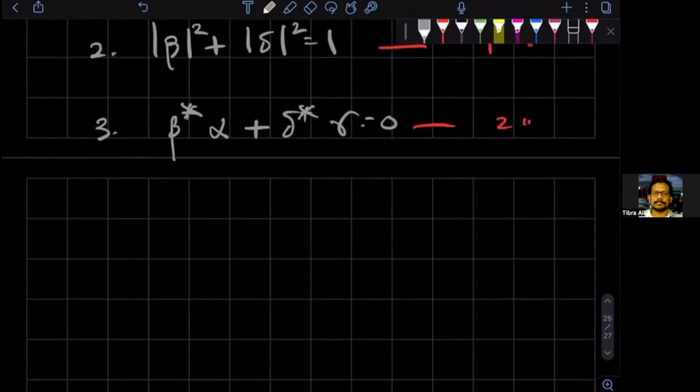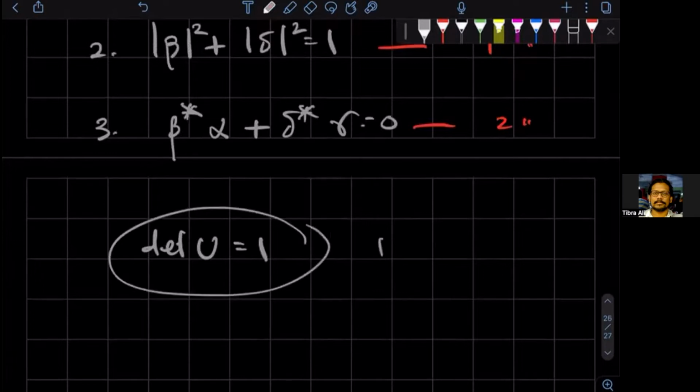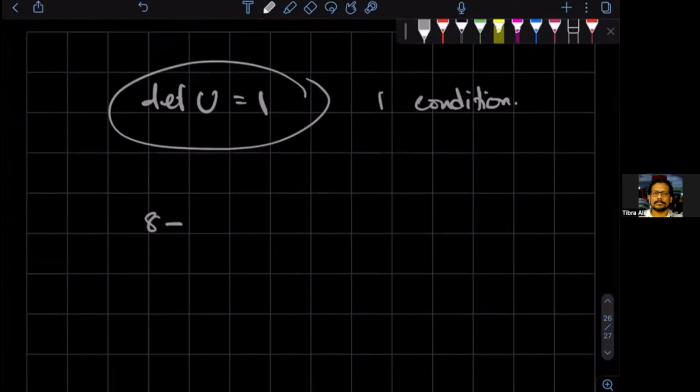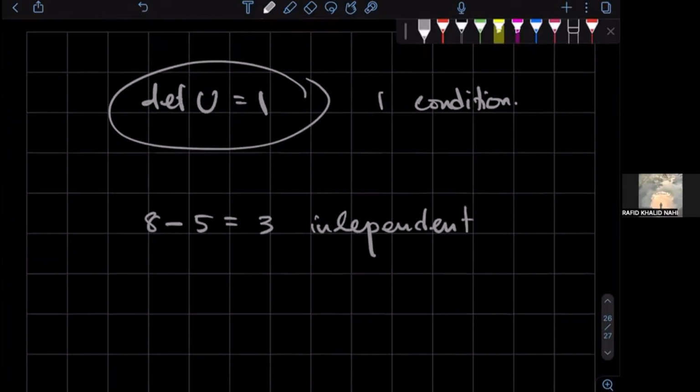In addition, we have determinant of U equals to 1. This is one condition. Okay, you can show that to be one condition. And then you basically have 8 minus 5 equals 3 independent parameters. Sir, shouldn't it be 8 minus 4, because those 2 conditions are just the same thing?